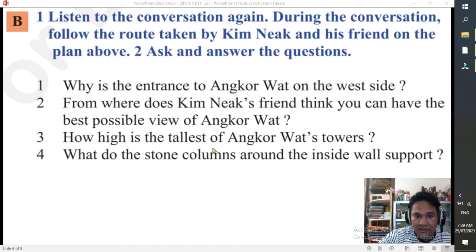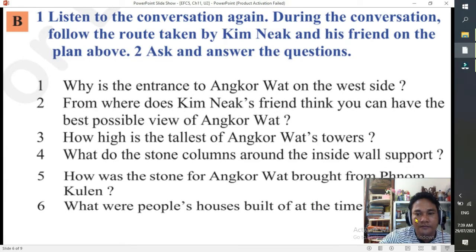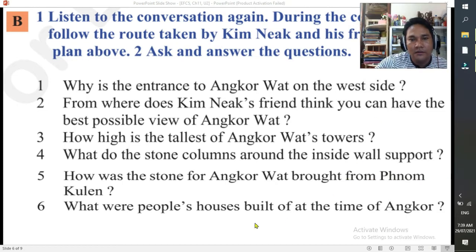In section B, teacher translates the questions 4, 5 and 6. There are 2 more questions: How was the stone for Angkor Wat brought from Phnom Kulen?